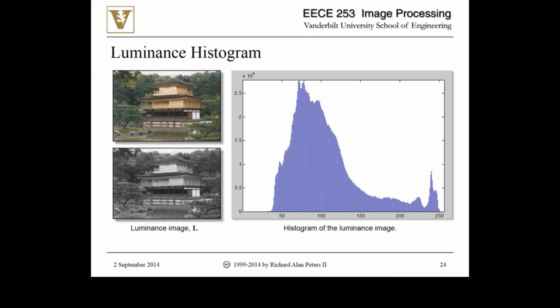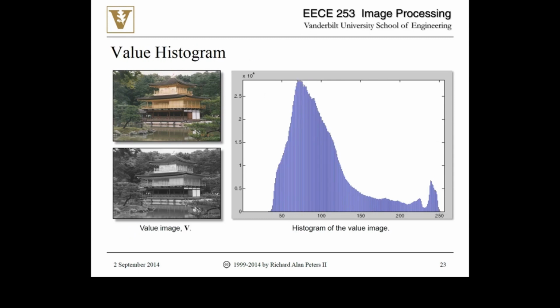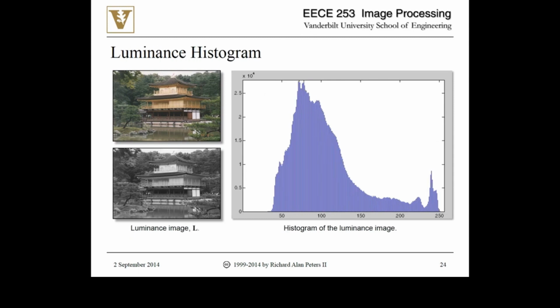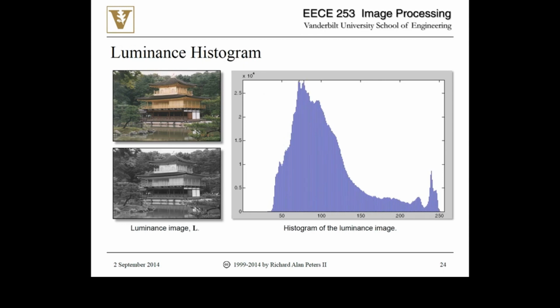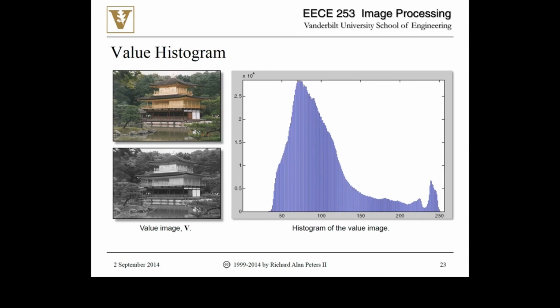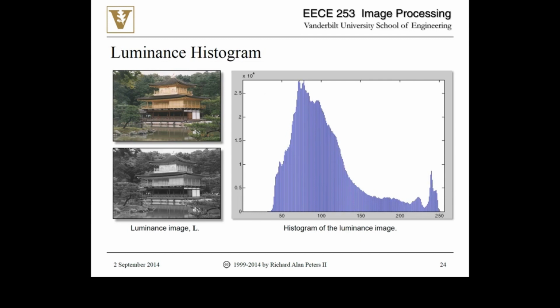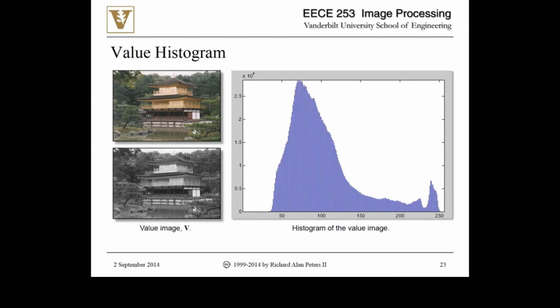They look more or less alike, with more or less the same information, but not exactly the same. The histogram is very easy to see. In the image, we also see differences between the two. We have better contrast in the luminance than in the value, you see.